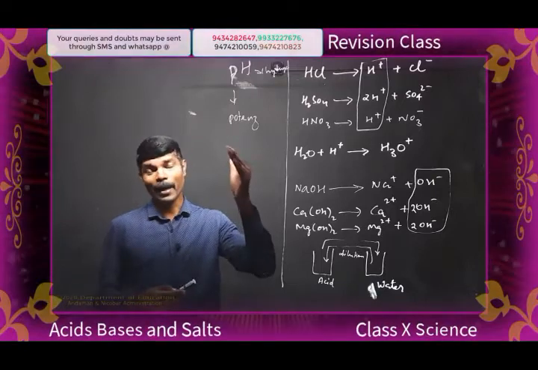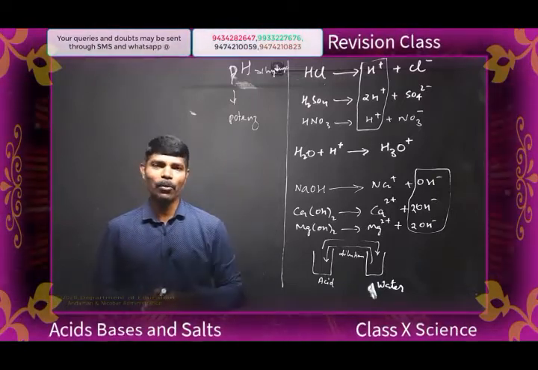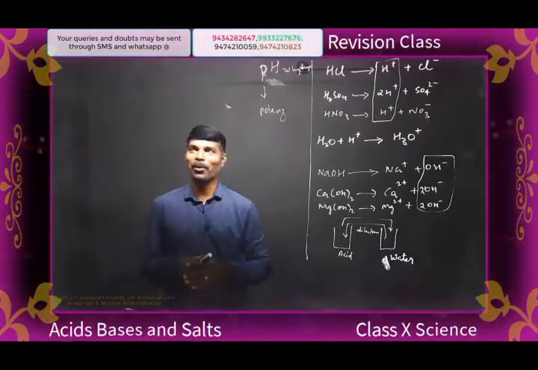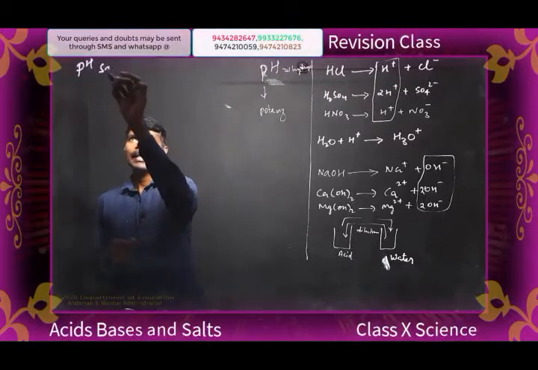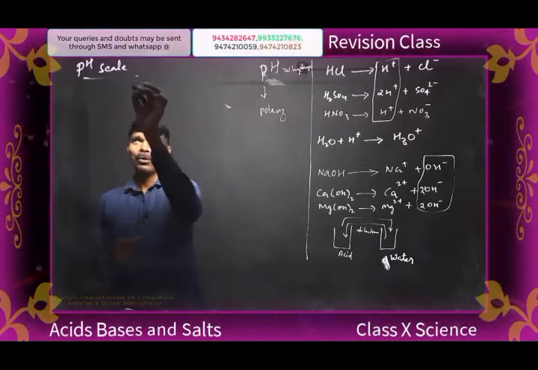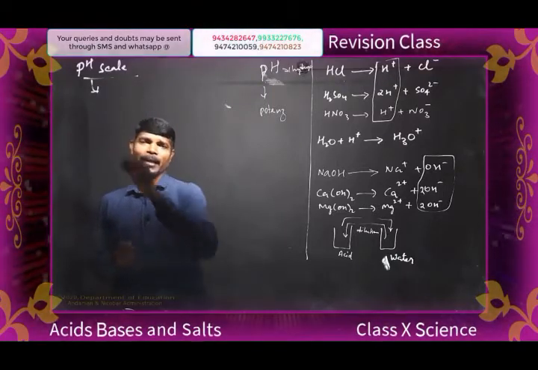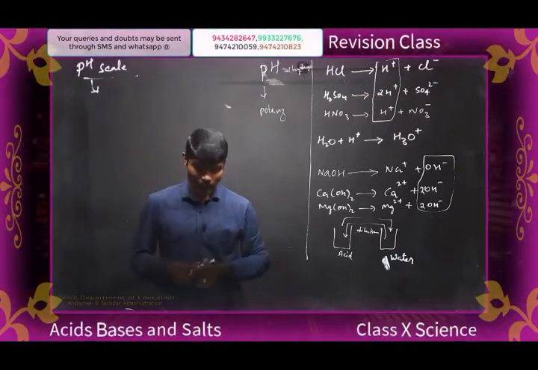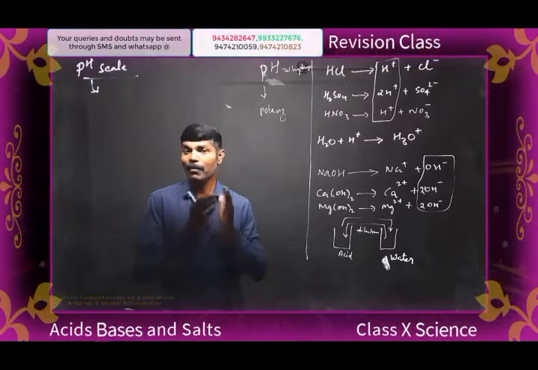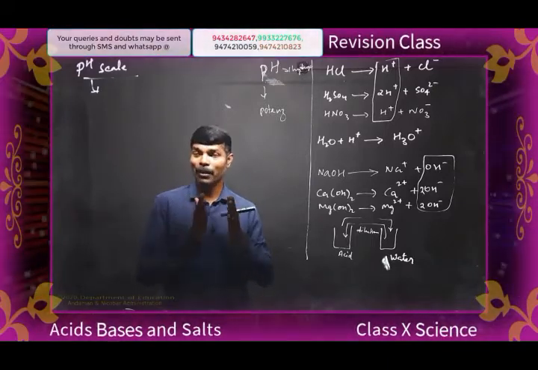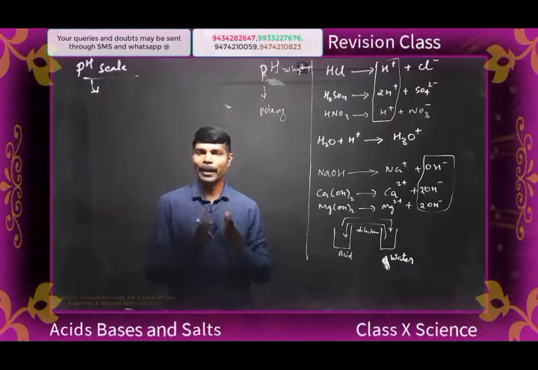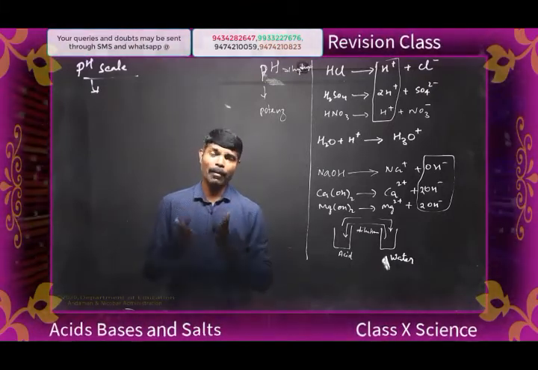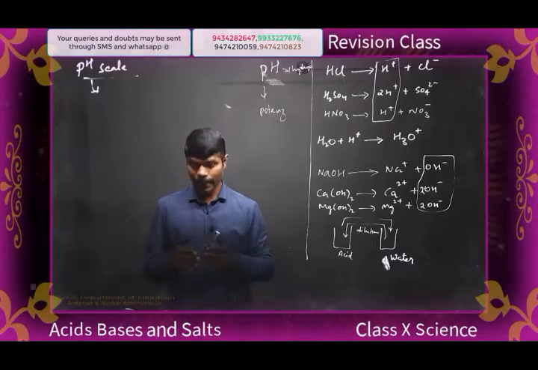This hydrogen ion concentration can be found out by using another scale called the pH scale. The indicator we use is the pH indicator, or pH paper, which can be thought of as a universal indicator. By using the universal indicator, we can find the strength of the acid and base.